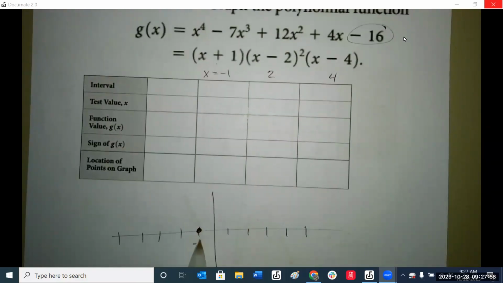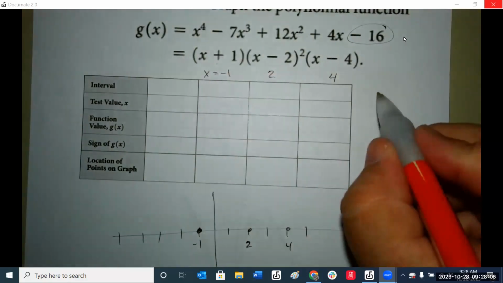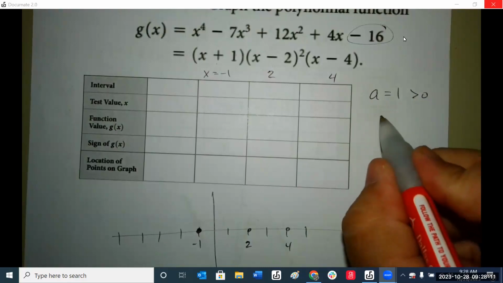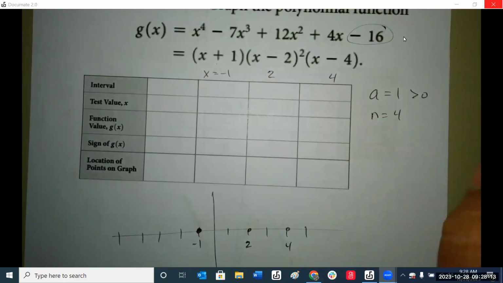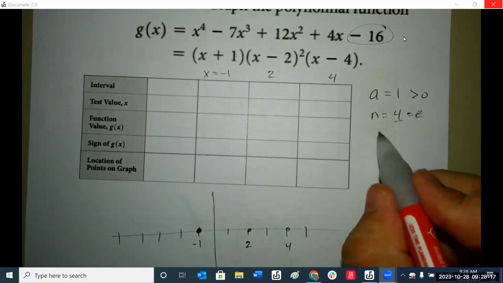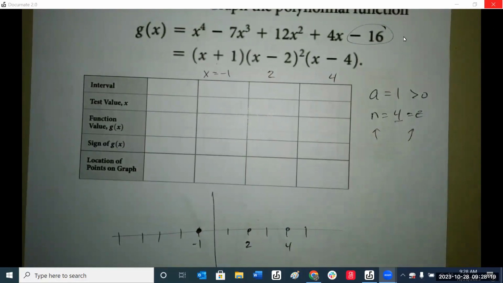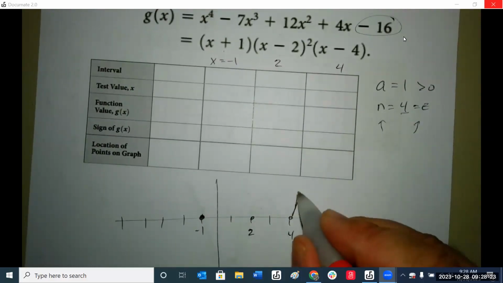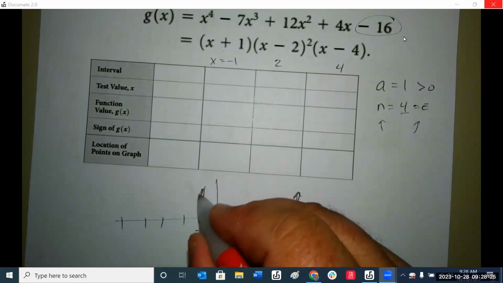So at -1, 2, and 4. We know a equals 1, so it's greater than 0. N is 4, so it's even. So both directions, they both point up. So at the endpoints, our graph will look something like this.